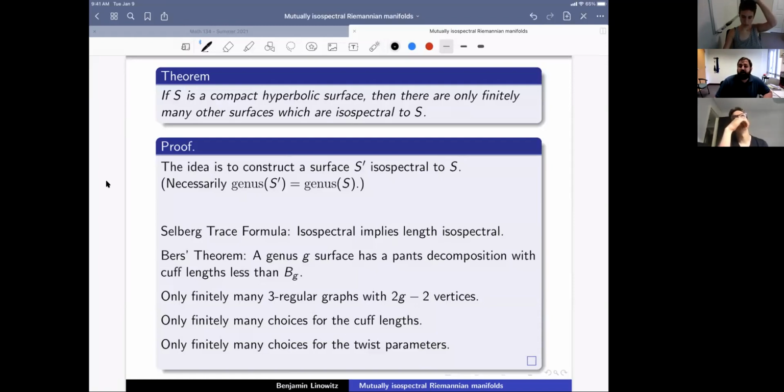There are only finitely many choices for the cuff lengths because there are only finitely many geodesics of length less than the Bers constant on S, and our surfaces are going to be length isospectral. And if you do some hyperbolic trig, then you can prove that we get only finitely many choices for the twist parameters also.